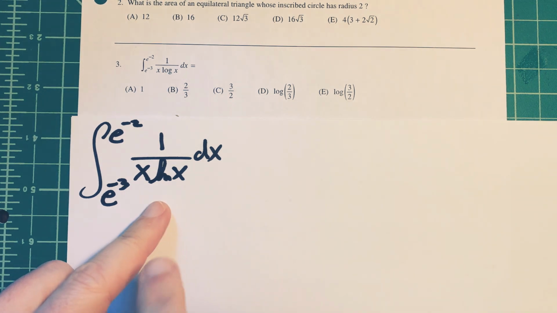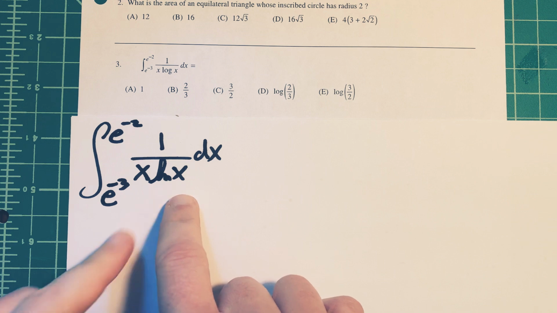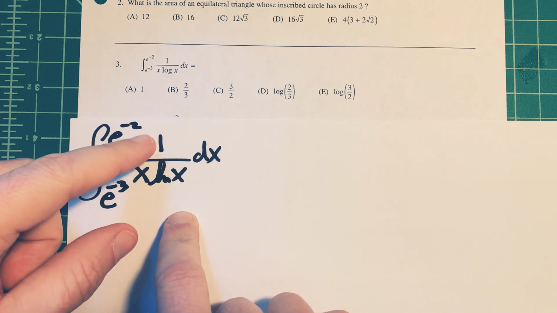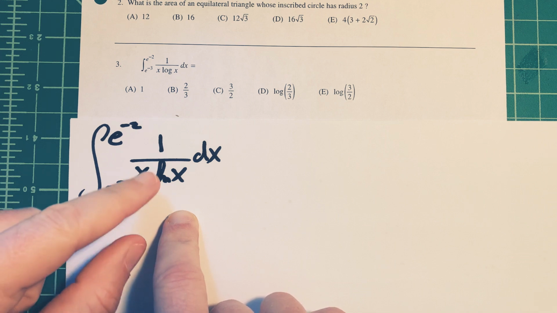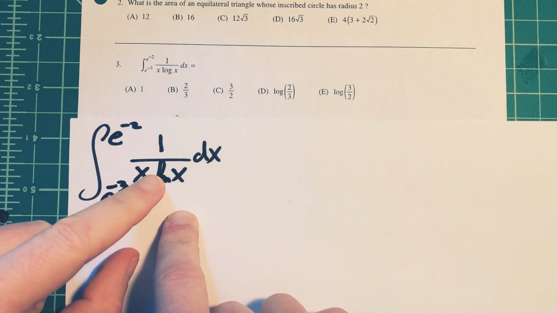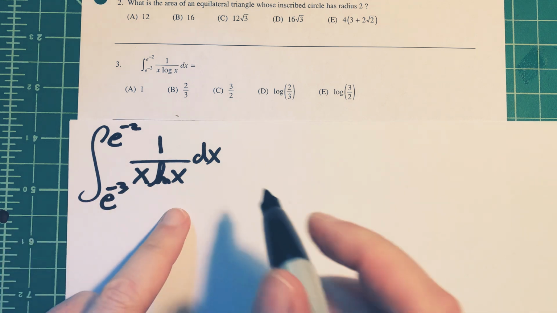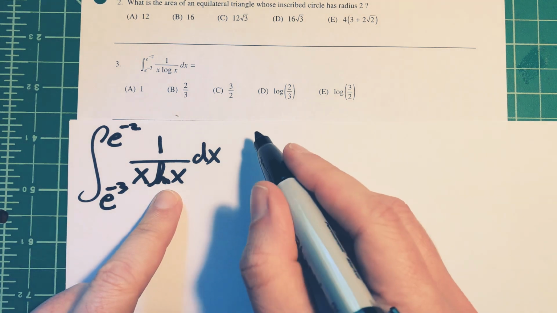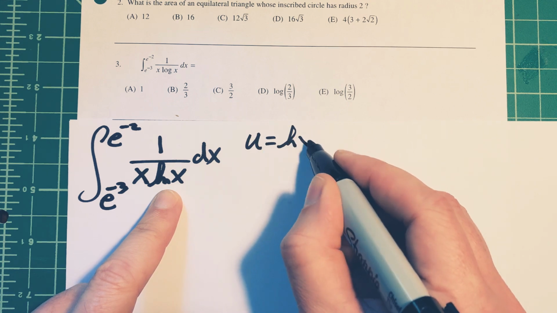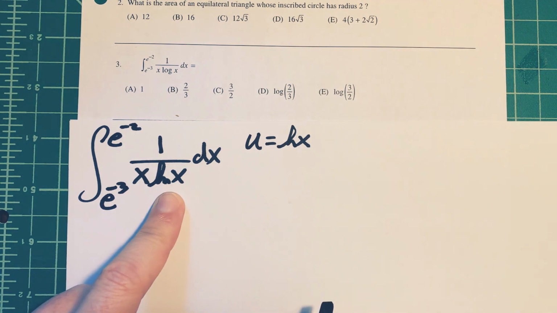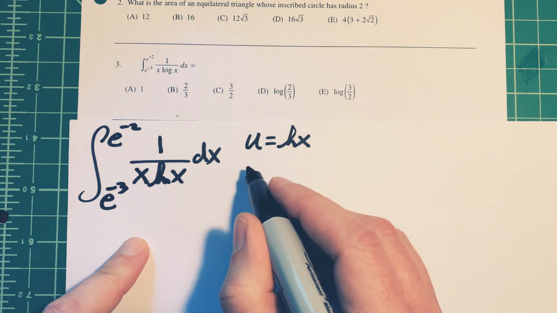So we have a lot of choices for our substitution. We could do u equals 1 over x, or u equals x, or u equals 1 over ln x, or u equals ln x. I'm going to try u equals ln x, and I'll show you why I'm going to at least try that.